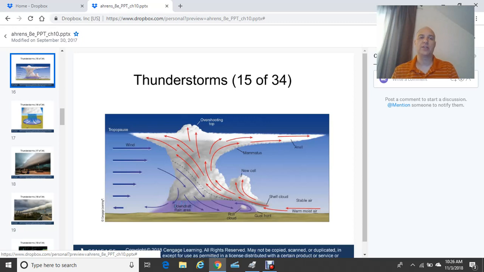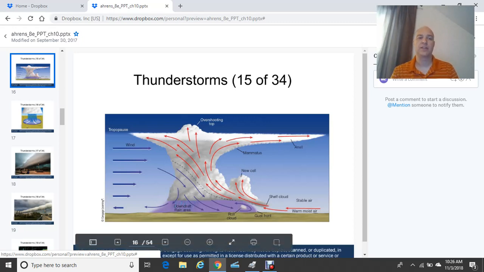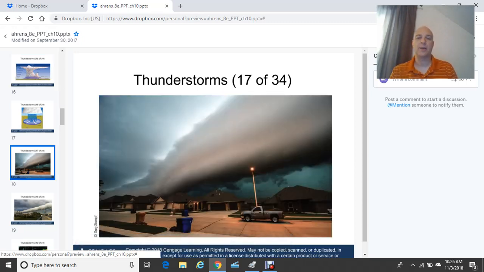So once you see this cloud coming, you know that you're about to get hit with some pretty strong gusty winds as that gust front is approaching. This is basically the boundary or the border of the gust front. Behind this, you'll start getting the heavier rain, the much cooler temperatures, and very gusty winds being dropped down from aloft out of the storm cloud.